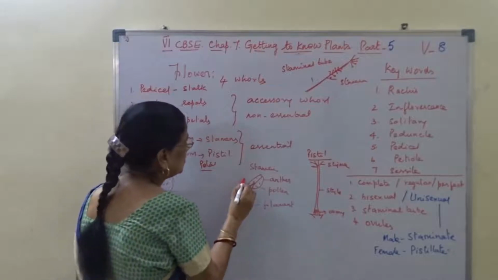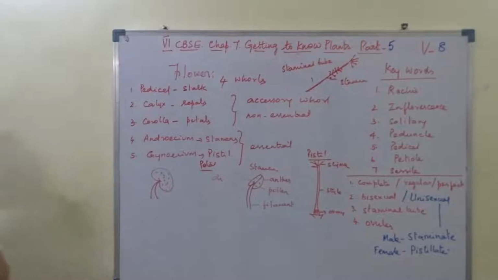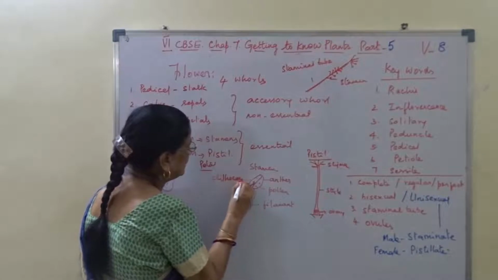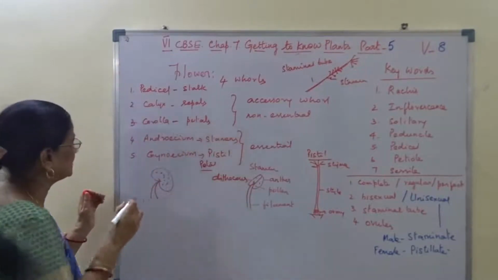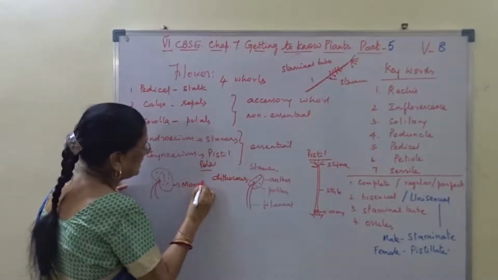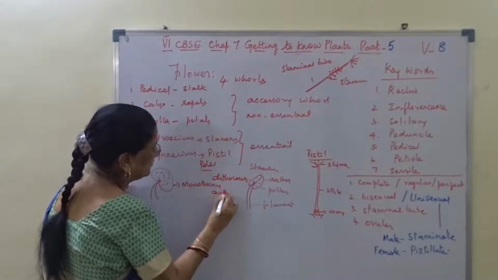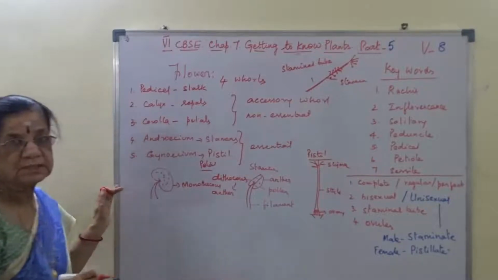So this is called a dithecous anther, and the one with a single chamber is known as a monothecous anther.